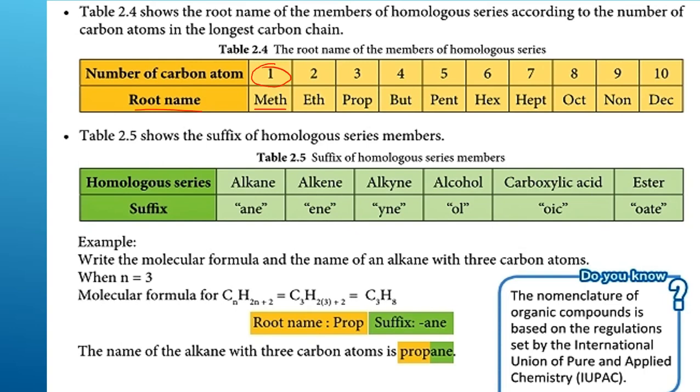If we have 2 carbon atoms, the root name is eth. 3 carbon atoms, prop. 4 carbon atoms, but. 5 pent, 6 hex, 7 hept, 8 oct, 9 non, 10 dec.